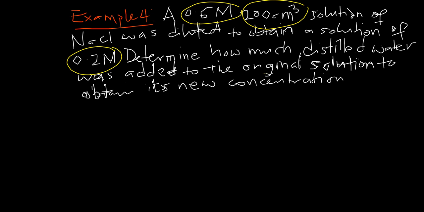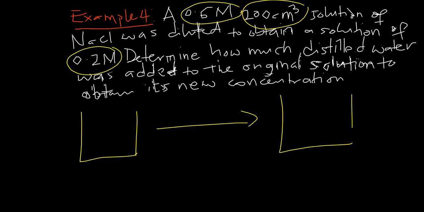So you have a solution. This was diluted to get this new solution. So solution 1, solution 2. Then what happened? The concentration of the first solution, volume of the first solution, you don't know. Concentration of the second solution, volume of the second solution, we don't know yet.